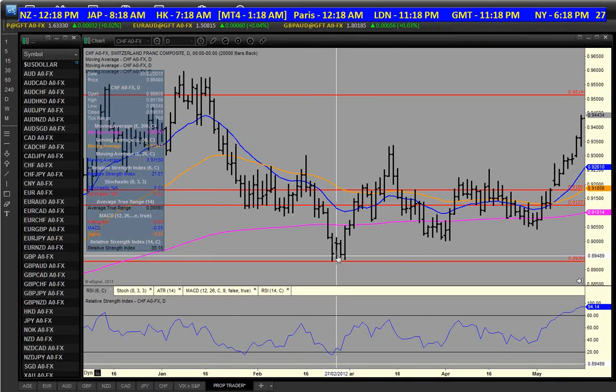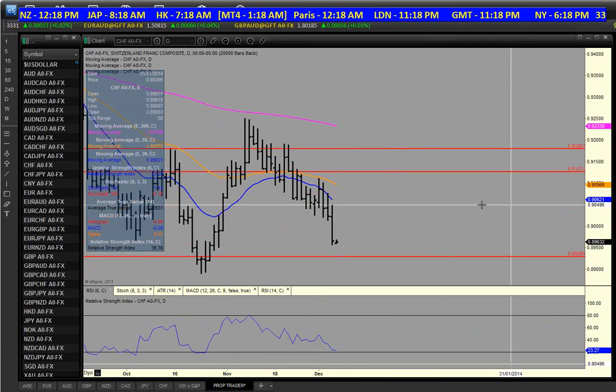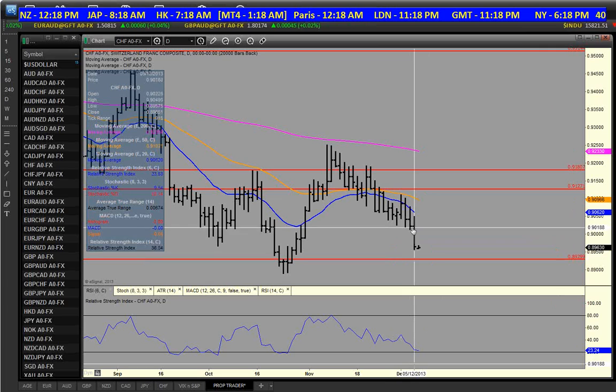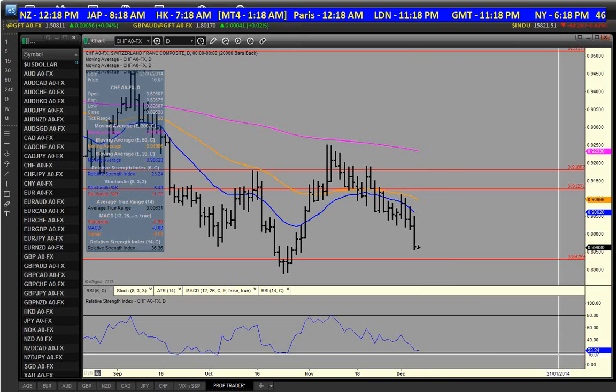That's it there. So we're back there now, or getting close to it. It has gone through 90. So those of you who did take this short off this ring high, congratulations. I wonder if anybody did actually take that short. Let me have a look at the book. Dollar Swiss, yeah, some of you did. Well done.